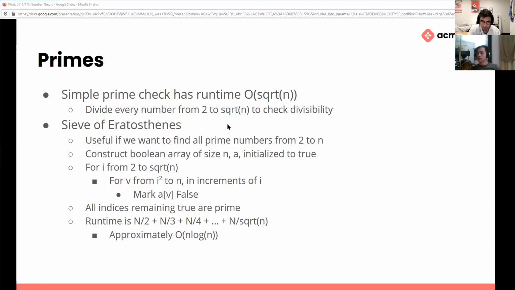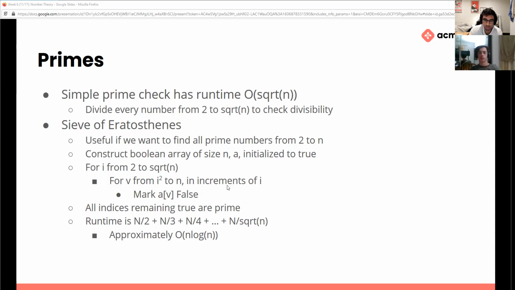Okay, hopefully you can see it now. So that was a mistake. You initialize the array to true, and what you do is, from i equals 2 to the square root of n, we run the inner for loop, going from i squared to n in increments of i, and we mark a[v] false.